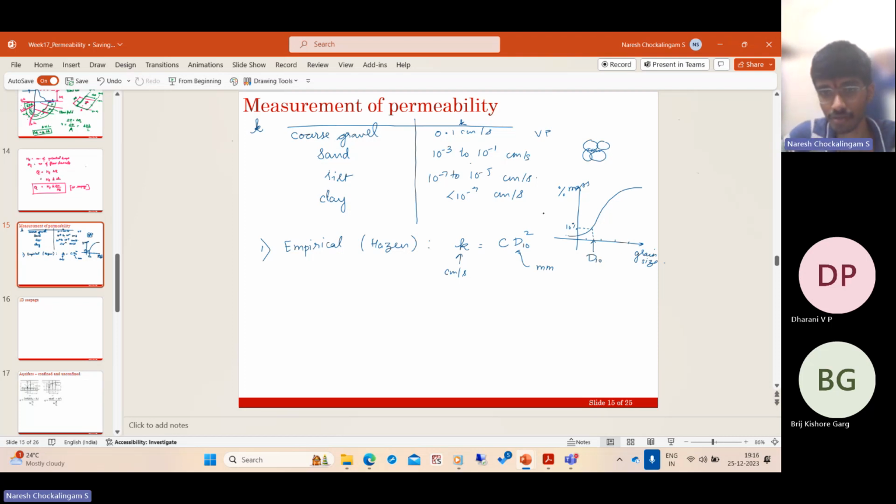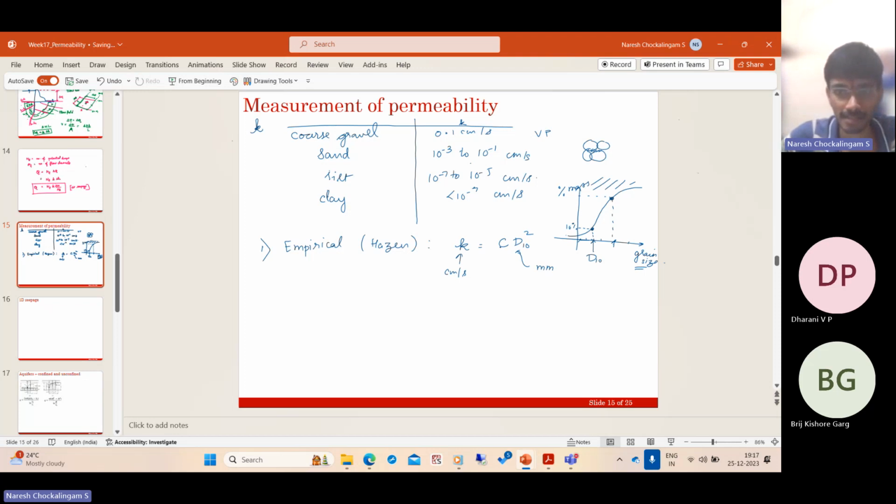You do the usual sieve analysis. You put a series of sieves, take the soil from the top till the bottom, and the soil retained on every sieve gives the percentage by mass which is greater than or equal to that sieve size. Similarly, D10 is the grain size which is not exceeded by 10% of the soil.